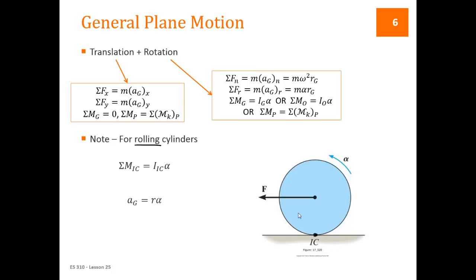Then using that information, we can write our sum of the moments around that point, which would be the same as this equation, the sum of the moments around O being equal to the moment of inertia around that point times alpha. And also remember, for a rolling cylinder, the center of mass has an acceleration equal to r alpha and a velocity equal to r omega and a position equal to r theta.